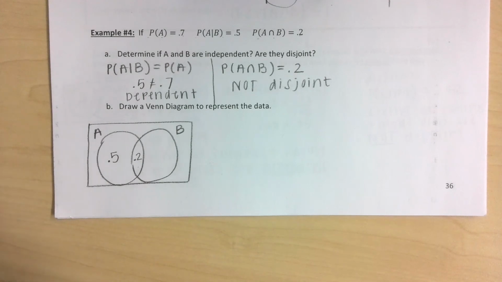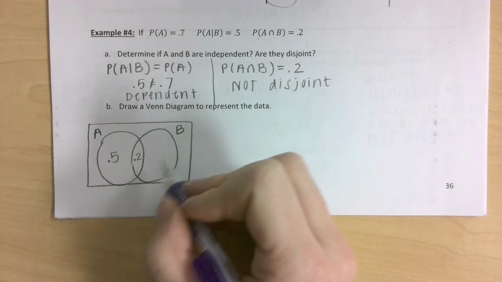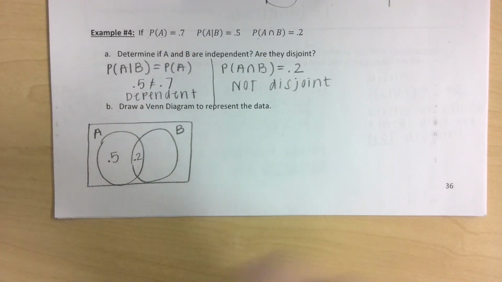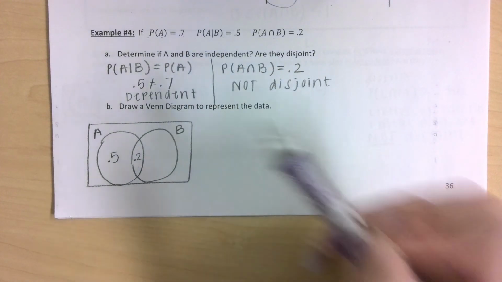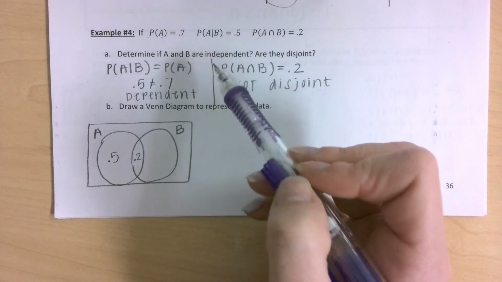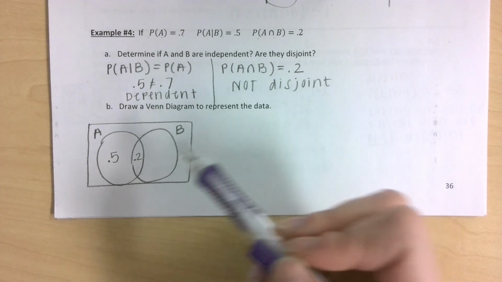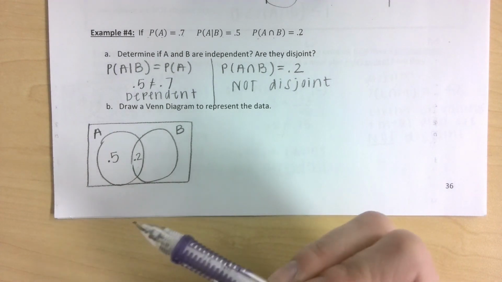Now, typically the problem also gives you just the chances of B occurring. They give you the whole probability of B. But in this case, they don't tell us that. The only other thing that we have is A given B. So I want to use this A given B to hopefully find what's left over.